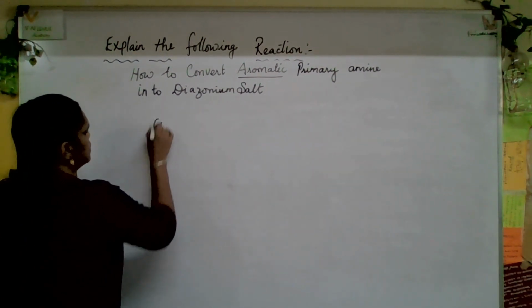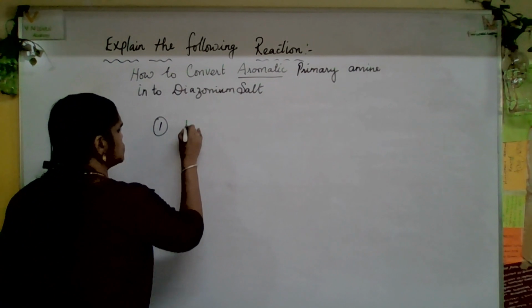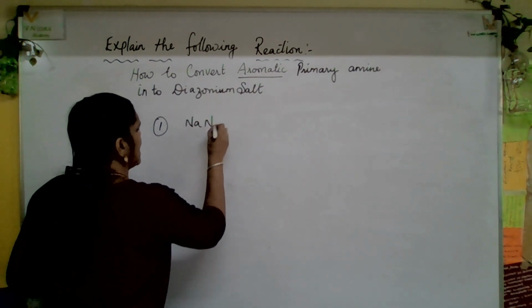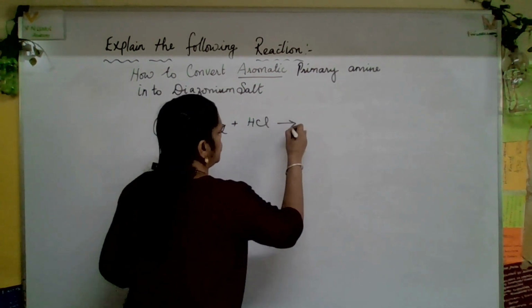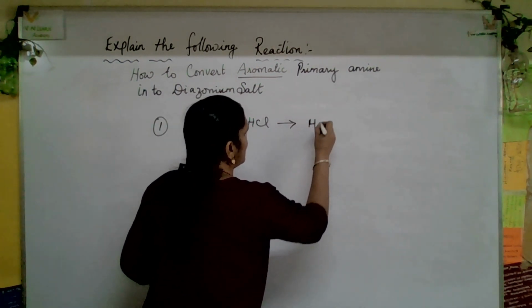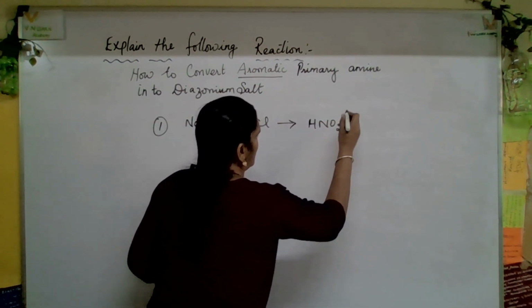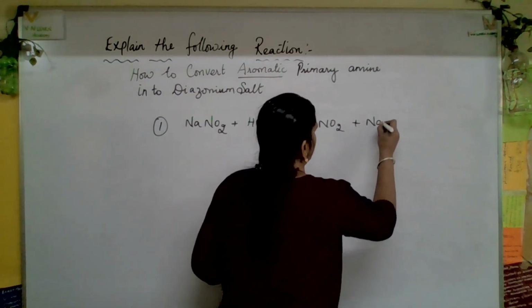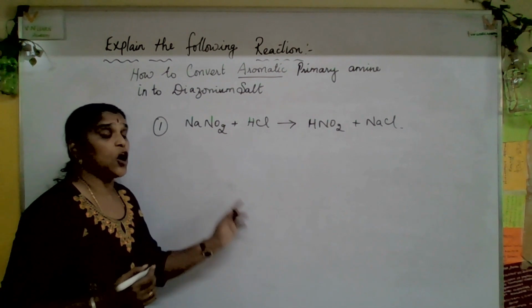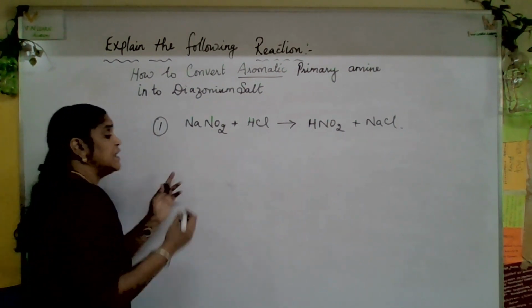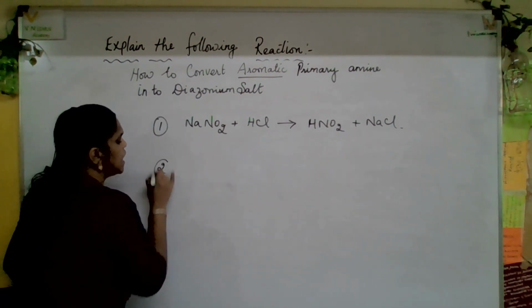Come on, let us go for the first one. Sodium nitrite we have taken along with HCl. You will get nitrous acid, HNO2, plus NaCl. Now this nitrous acid along with the dilute HCl reacts with aniline.